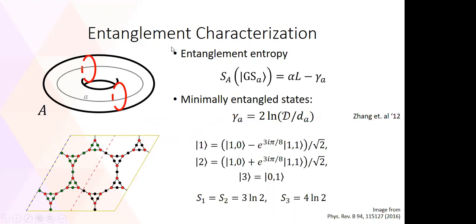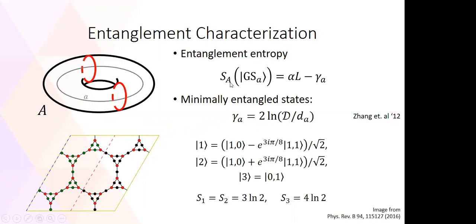Another really prominent way of characterizing topological phase is using the entanglement entropy. If we now look at the torus and cut it into two subsystems, here we need 2 cuts to divide it, because we still remain with a non-contractible loop on each cut.